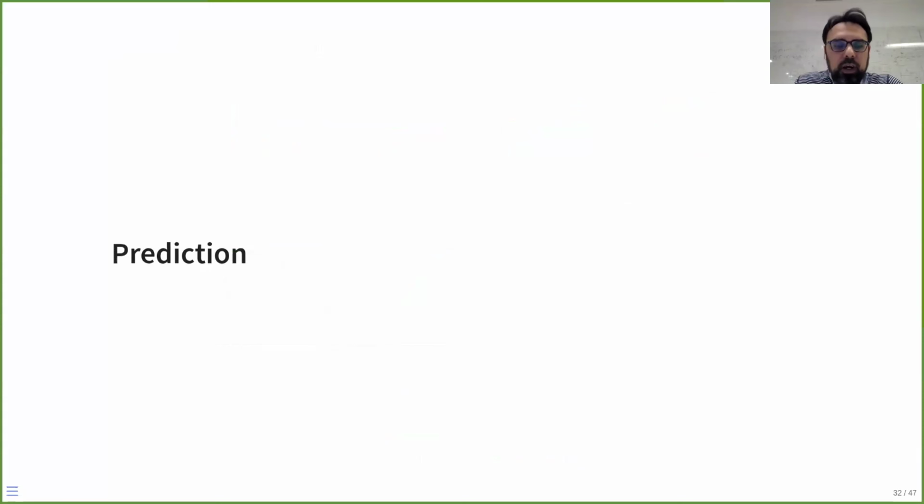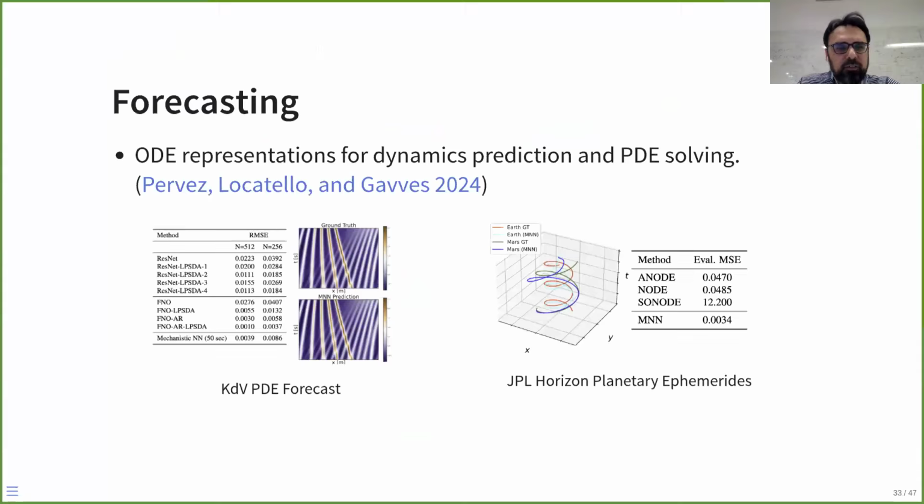You can also use this ODE representation approach for prediction. So I'll just mention a few examples. We can do ODE representation for dynamics prediction and for PDE solving.